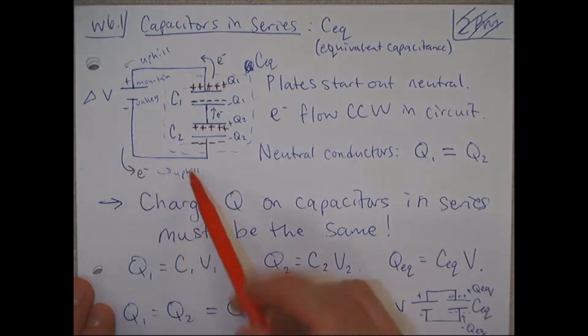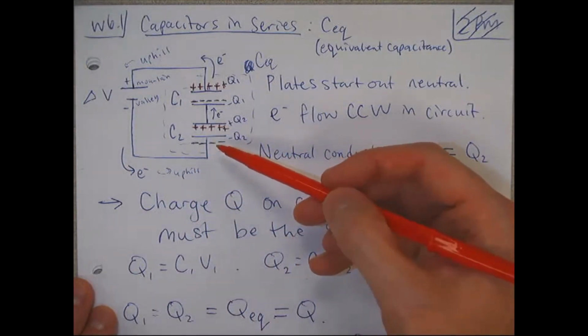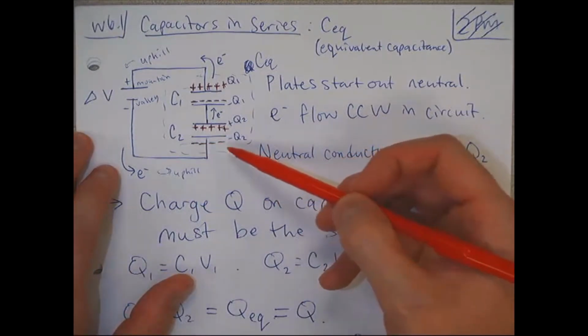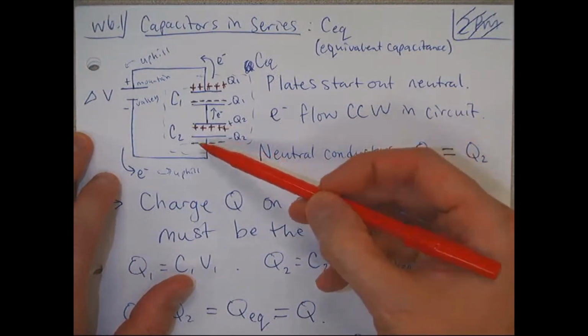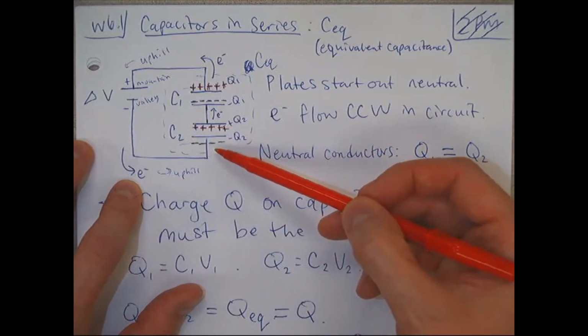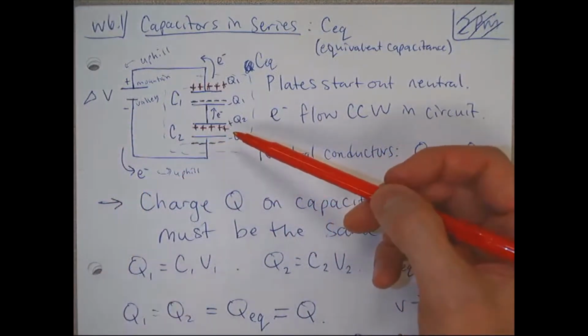The electrons travel to the negative plate. They don't want to hang out together, so eventually they will build up enough electrostatic repulsion to keep more electrons from coming over to this plate.